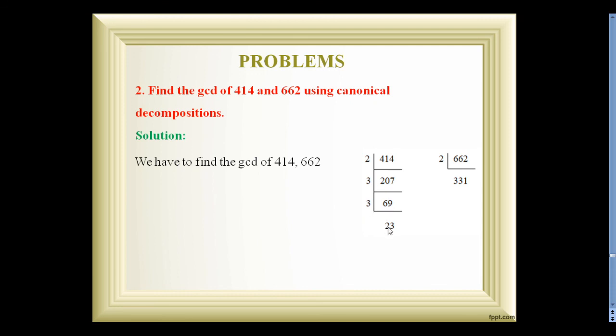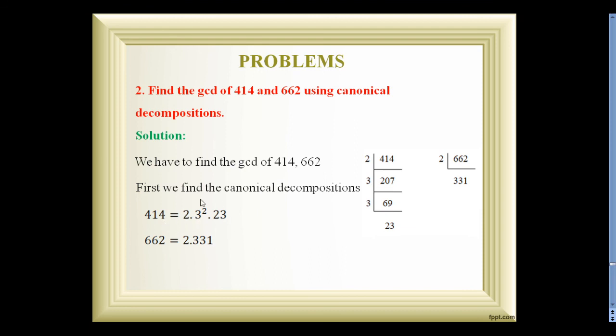Again you take 3, you get 23. So we got these primes. Then 662, you can divide by 2, it is 331. First we find the canonical decompositions: 414 can be written as 2 into 3 square into 23. Then 662 can be written as 2 into 331.